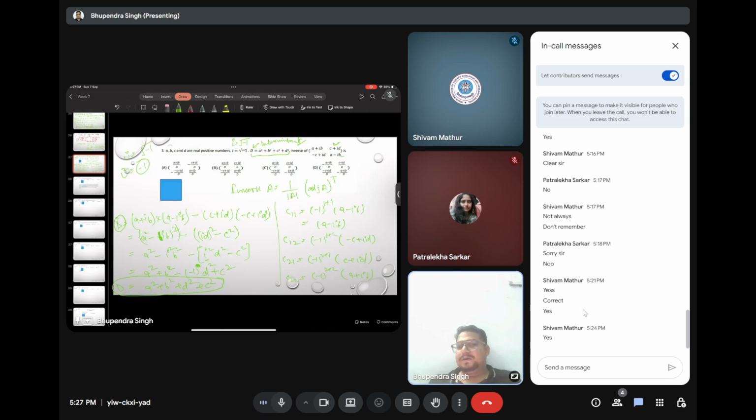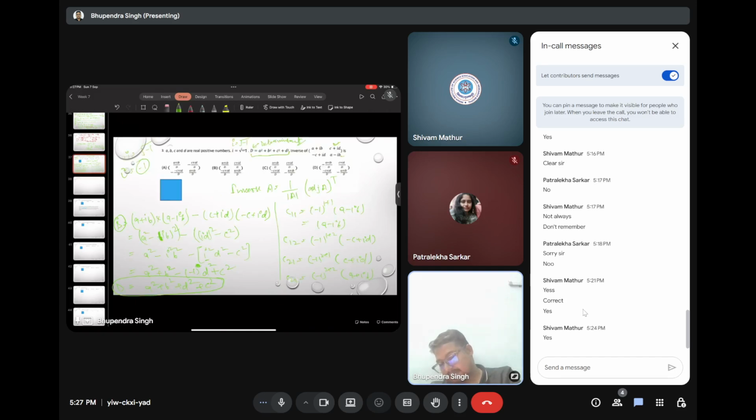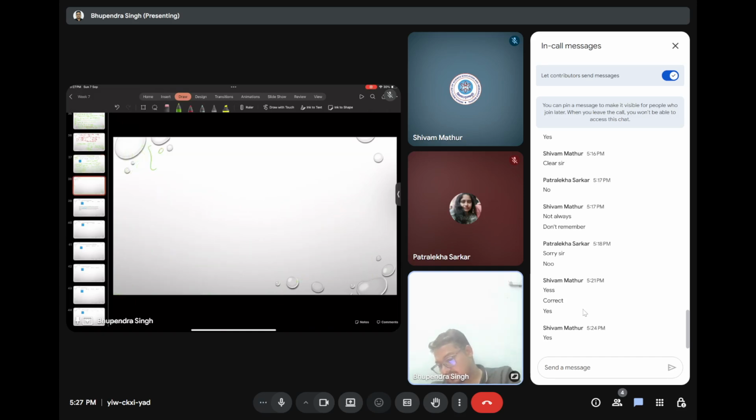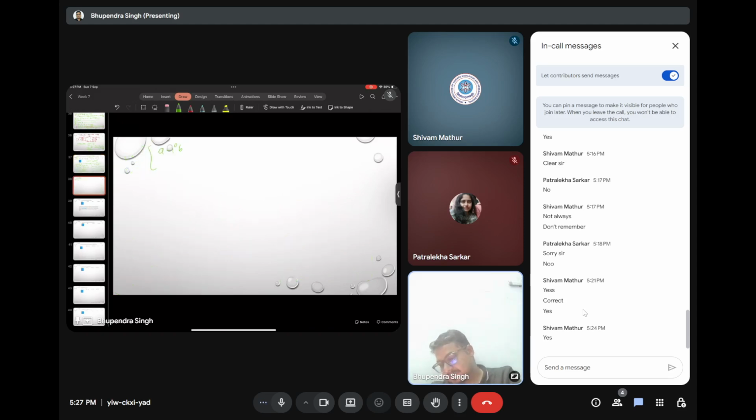Now try to build the matrix. So C11 is A minus iB. C12 will have a minus sign, so it will be minus of minus C plus iD.